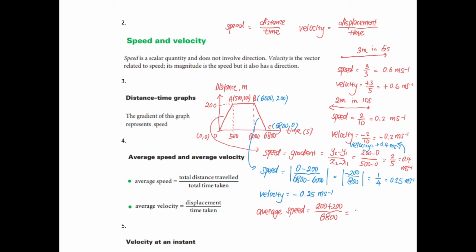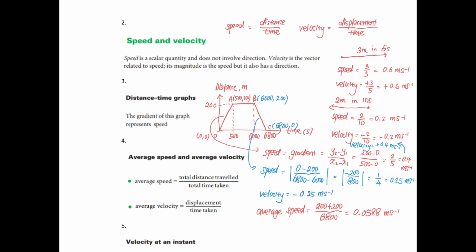So the average speed is 0.0588 meter per second. This is much smaller compared to the speeds that we counted just now, part by part, 0.4 and 0.25, because it includes the part where he remains stationary in the school.